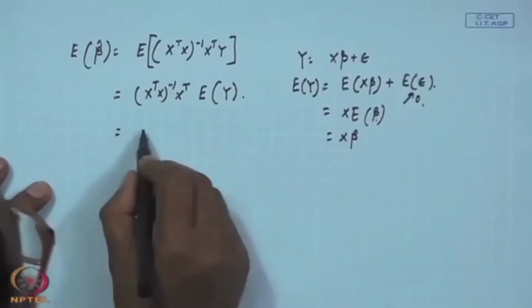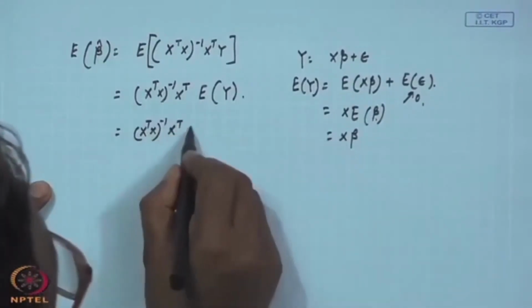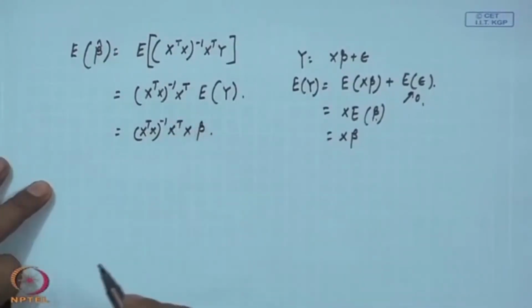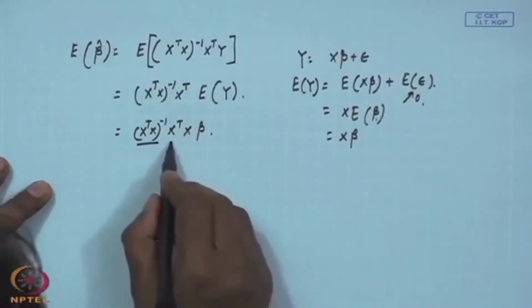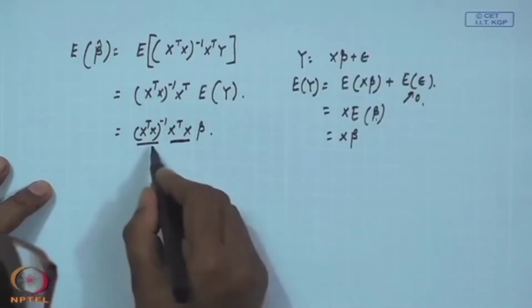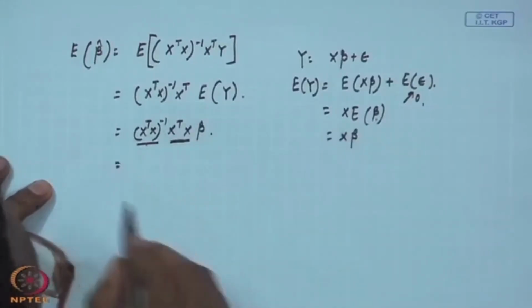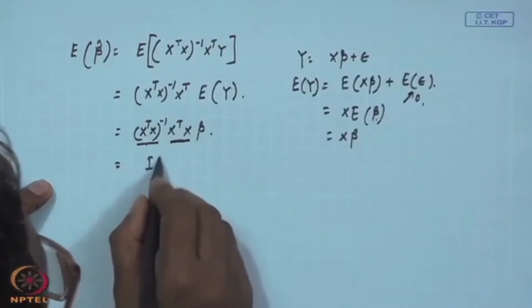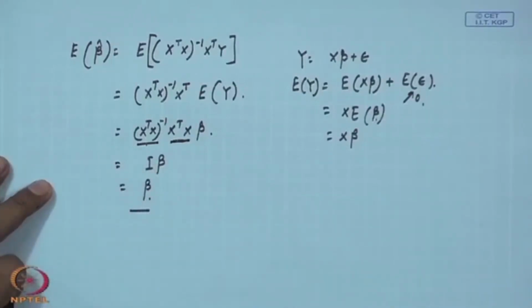So I will put here x transpose x inverse x transpose x beta. Again you see x transpose x is a symmetric square matrix, and by its property, this inverse into this will be an identity matrix. So we can write this is beta. So it is an unbiased estimator.